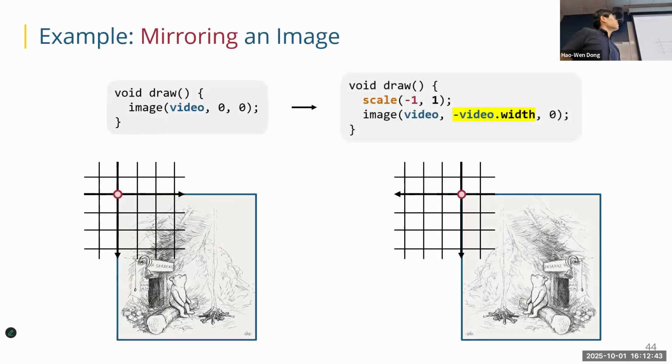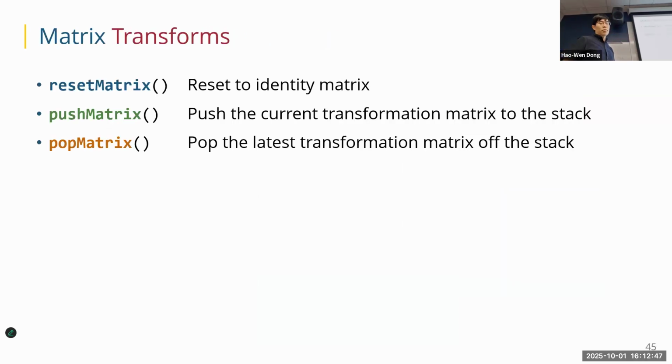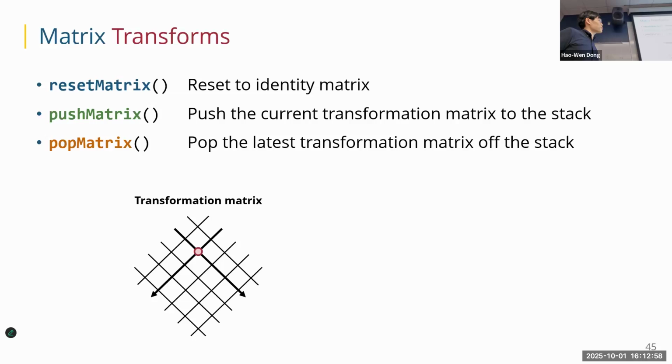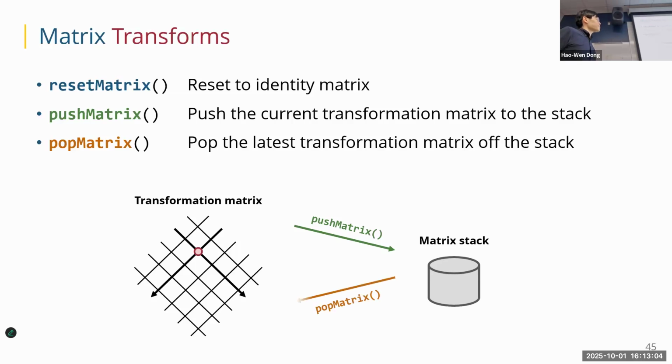And that will allow you to do mirroring. And we talk about this matrix transforms, especially when you're doing recursive things or object-wise transformation. Then this push and pop matrix could be useful, or even just using the reset matrix would be useful. But basically you can push stuff to the matrix stack and then pop the matrix stack. First in, last out.